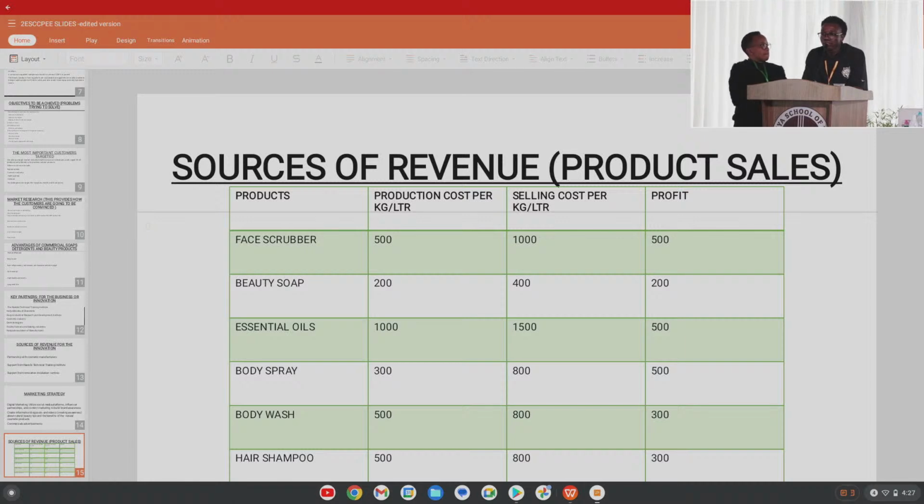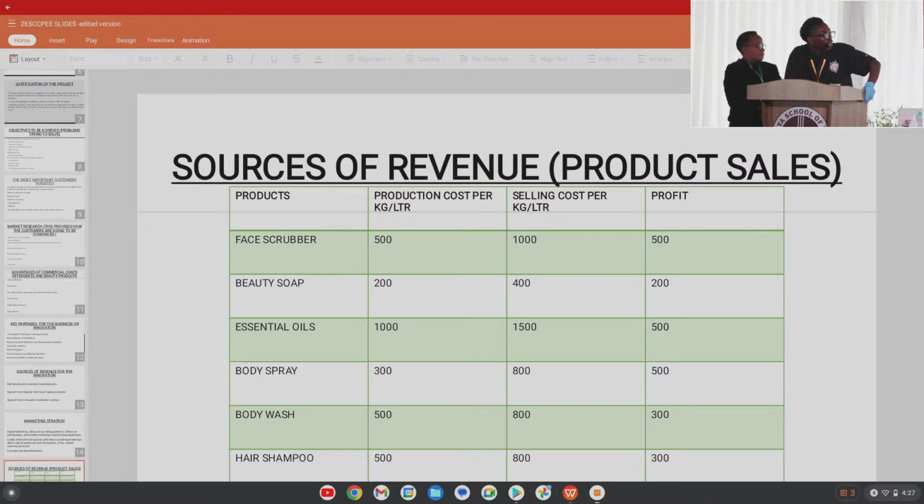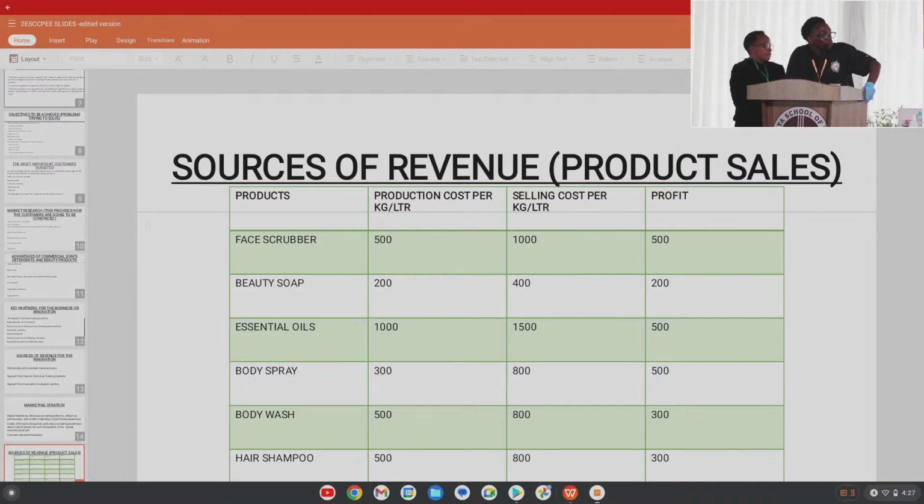We also use pictorial evidence and innovations like here, showing people that this is no longer waste, so we can get more revenue. You can see the product cost per kg and liters, the selling cost per kg and liters, and the profit that we get.